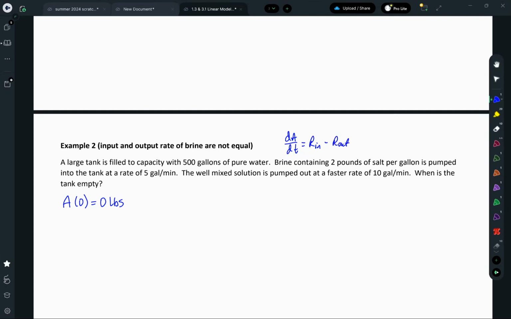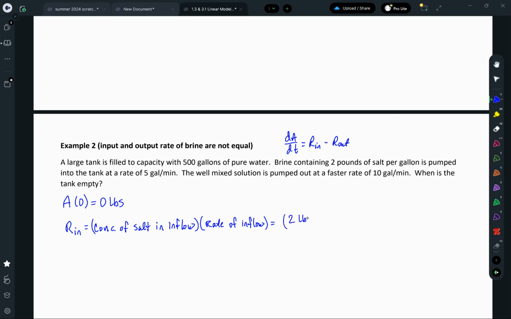right? So we need to calculate our big R in. And remember, it's going to be the concentration of salt in the inflow times the rate of inflow. So the concentration is 2 pounds of salt per gallon.